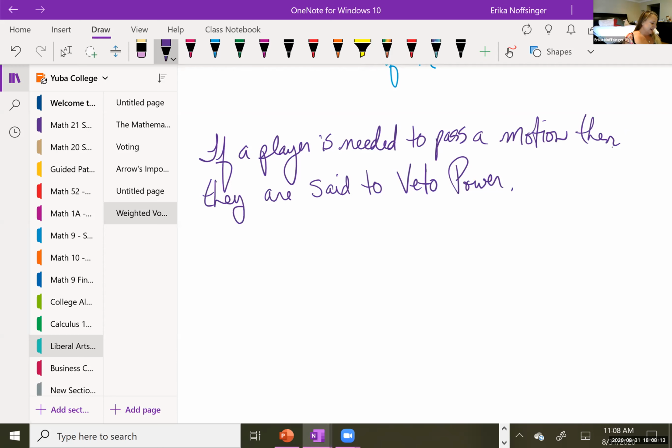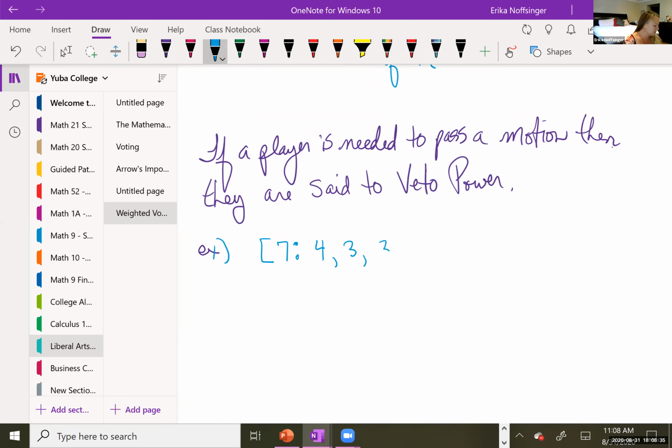So knowing that now, let's go to the next example, which states: you have the following voting where 7 is your quota. Player 1 has a weight of 4. Player 2 has a weight of 3.